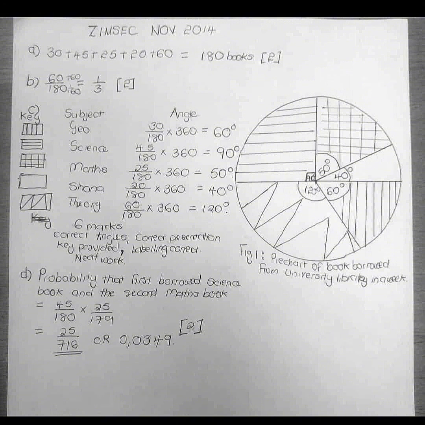And then the angle for Shona, we say 20 over 180 times 360 in order to get 40 degrees. And then finally, the theory of education, we say 60 over 180 times 360 in order to get 120 degrees. So this is the first step.